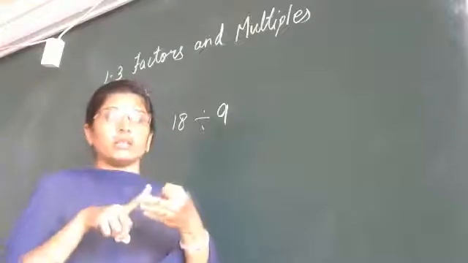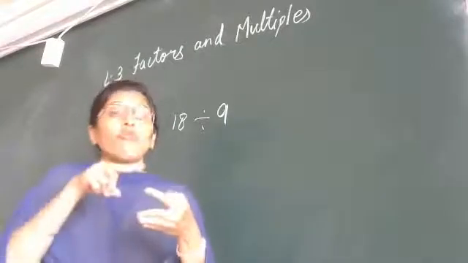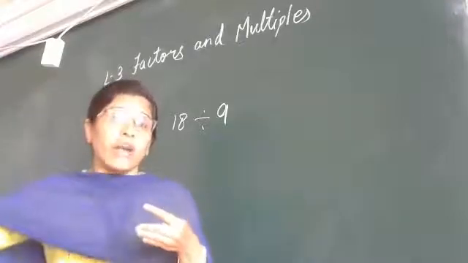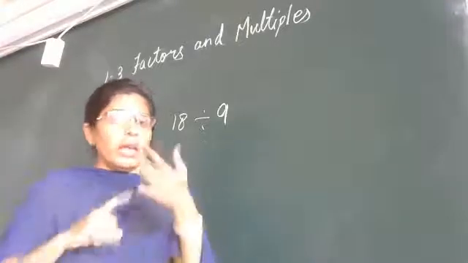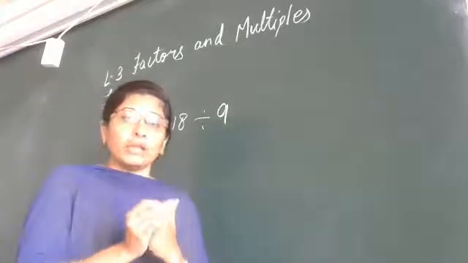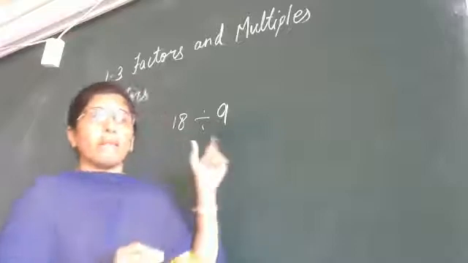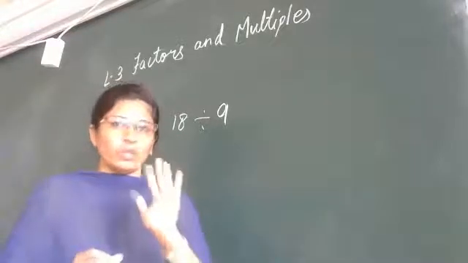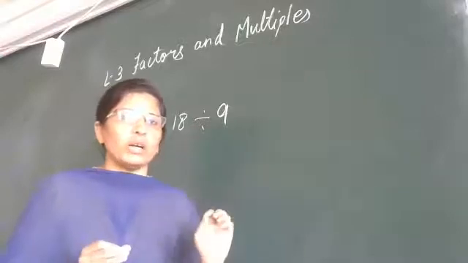Fourth property is the number itself is the greatest factor. And fifth property is all the factors will be less than the number. Okay, so these are the 5 properties. So all you understood about factors?